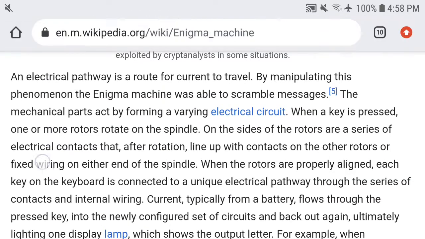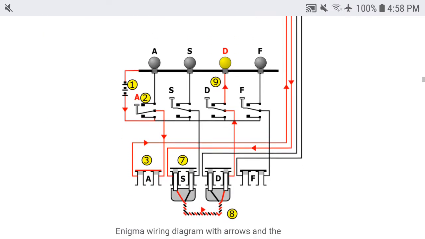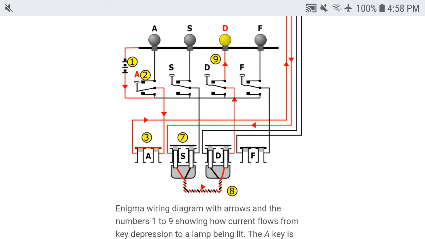Also, I guess this is all electrical wiring. I think what happens here is that it relies on current, right? The flow of current, and then pressing buttons or including any setting, all this plug cable, it adds resistance to it, right?